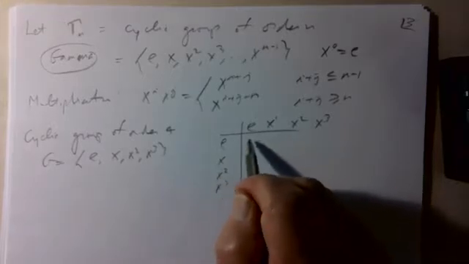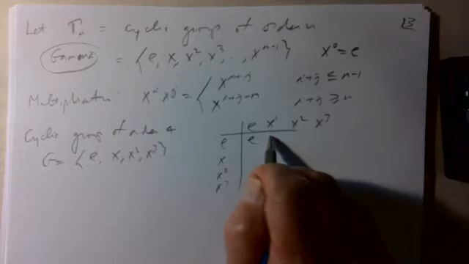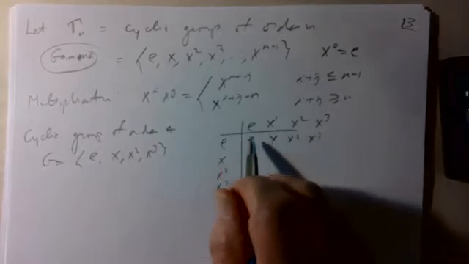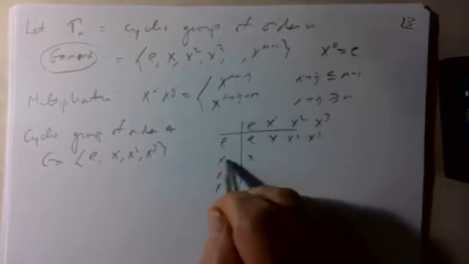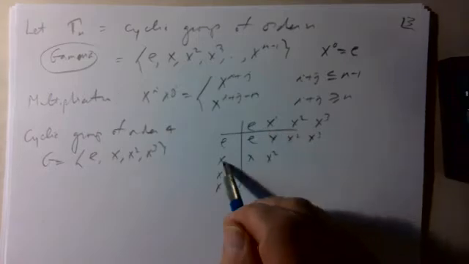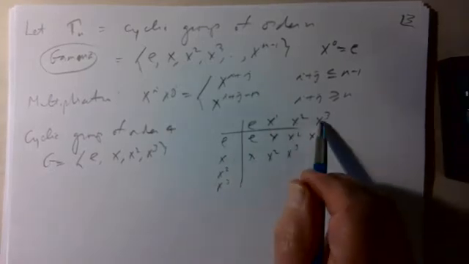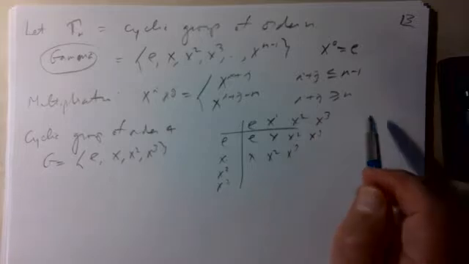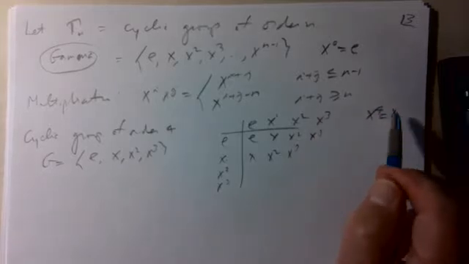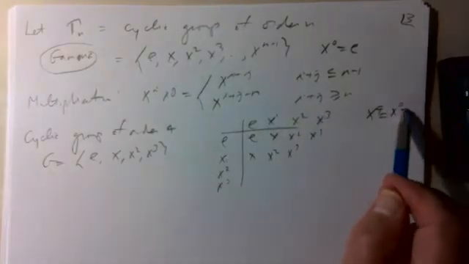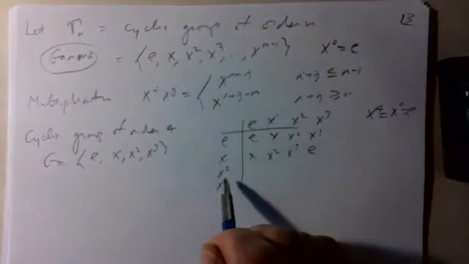So e times anything is that thing. x times e is x. x times x is x squared. x times x squared is x cubed. x times x cubed is x to the fourth, 4 minus 4, that's x to the 0, which is the identity.